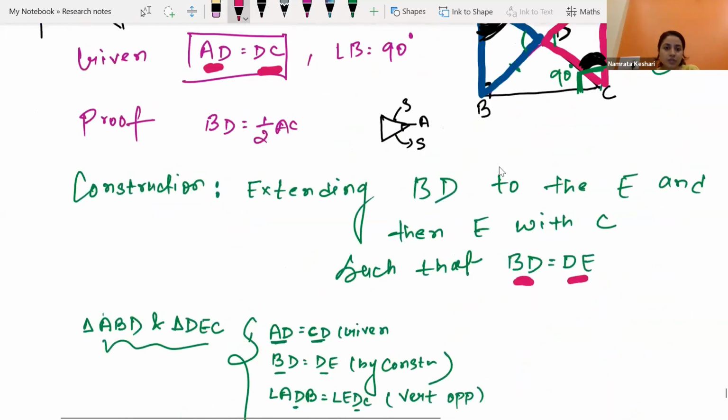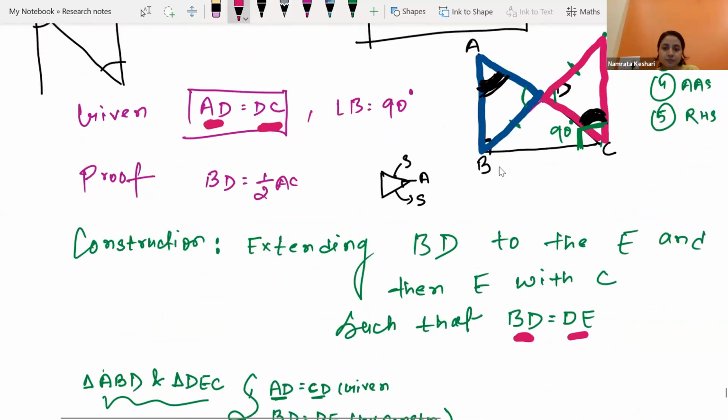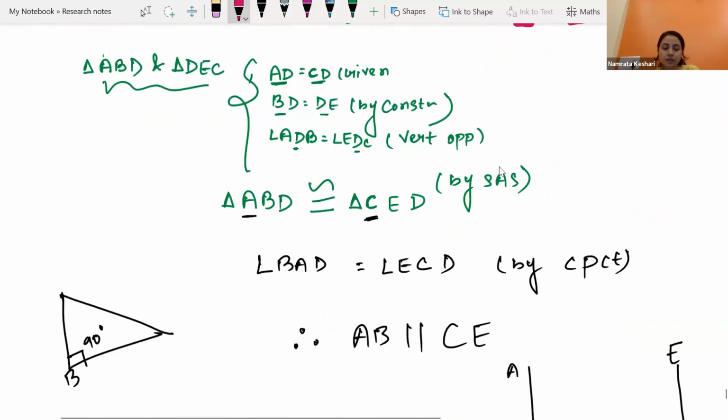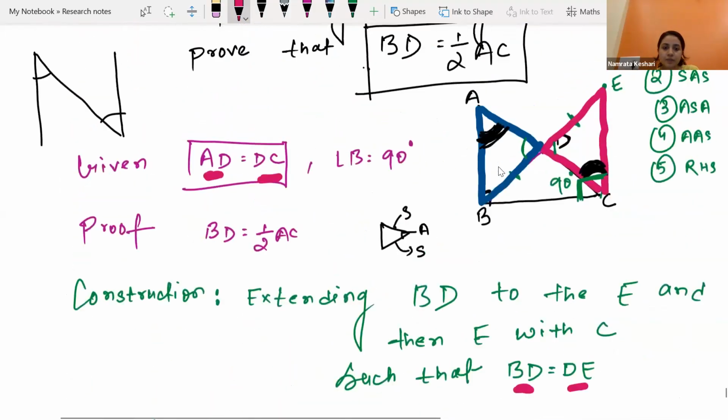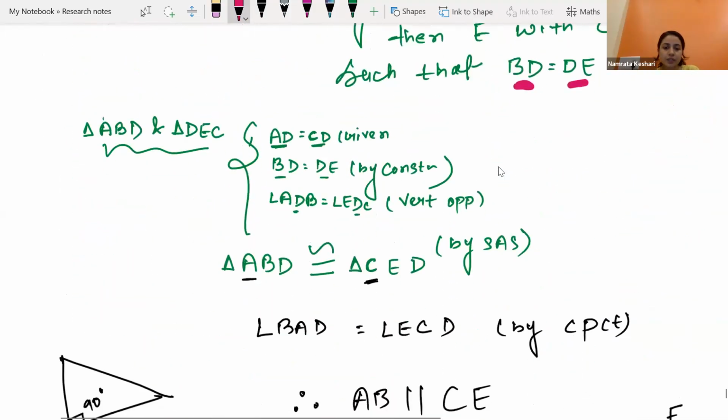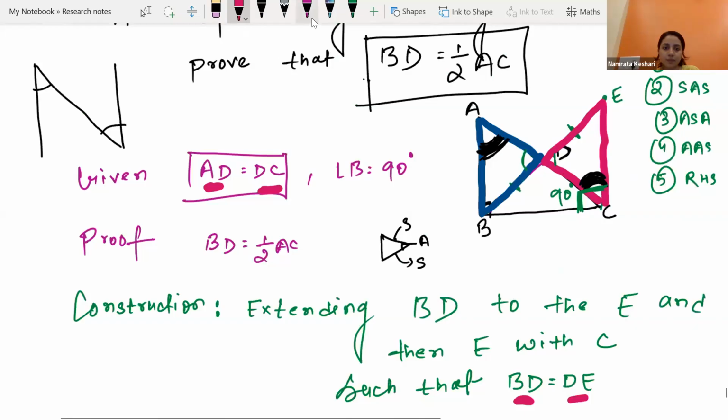From the congruency which we have proved. Let me mark all the angles. ABD, CED. Okay, this angle over here is equals to this angle over there. And the remaining angle, yeah.